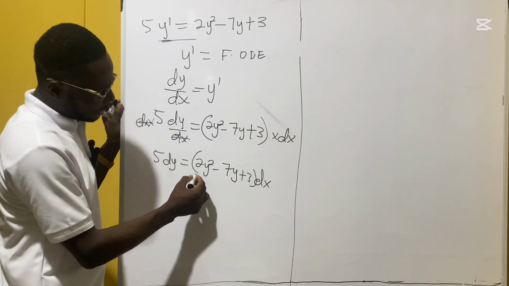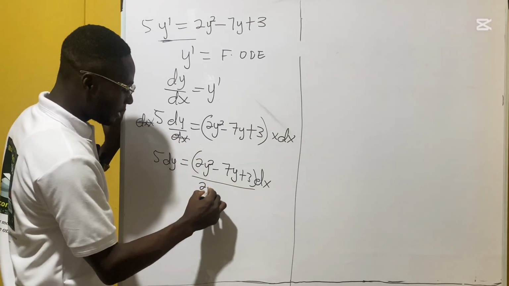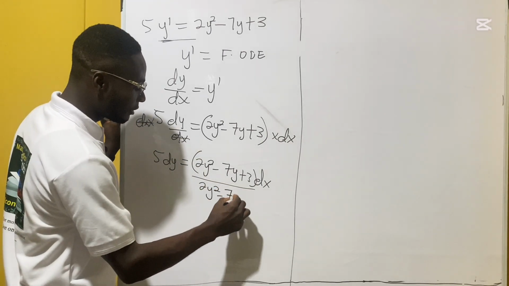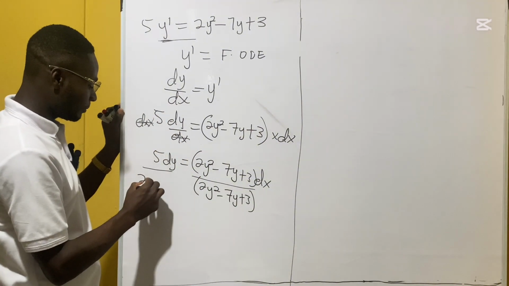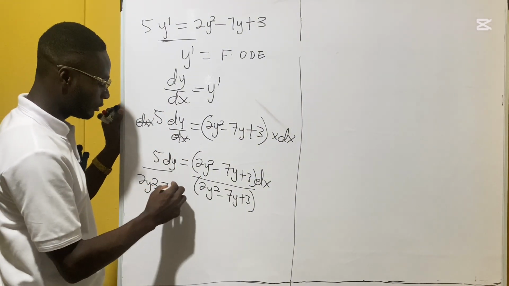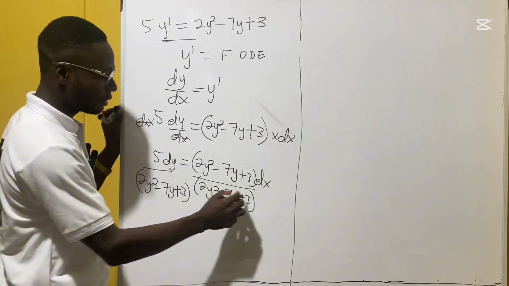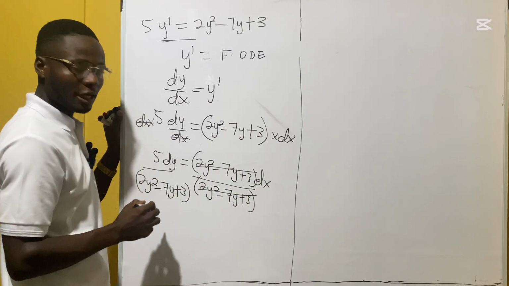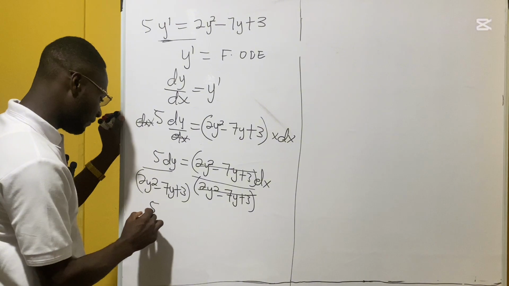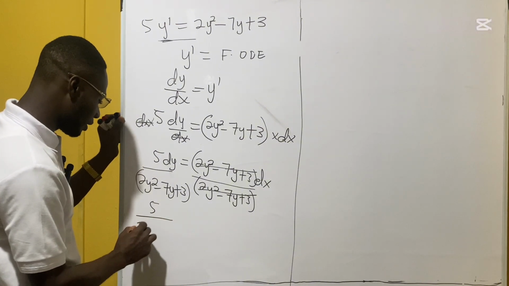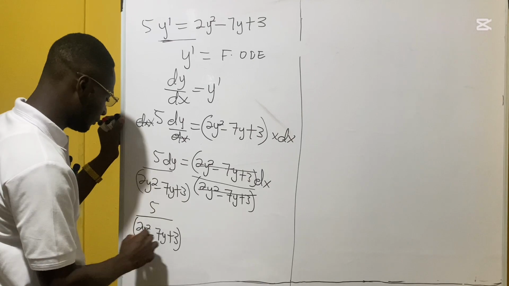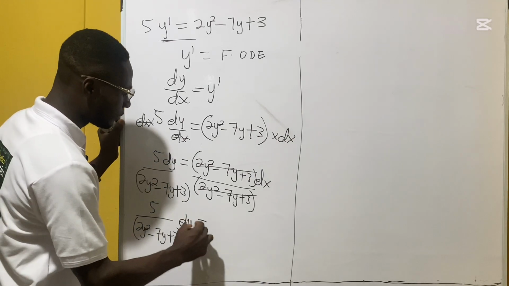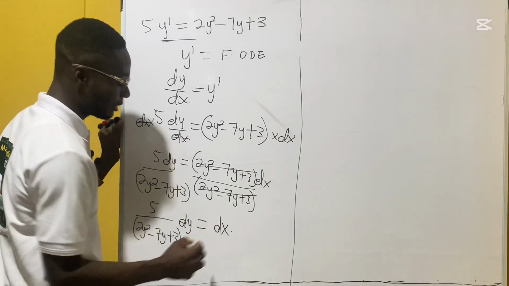So we divide this part by 2y squared minus 7y plus 3, and the same to this part as well, so that this takes off this, and we have 5 over 2y squared minus 7y plus 3 dy equals dx.